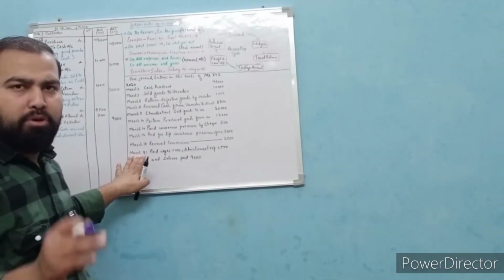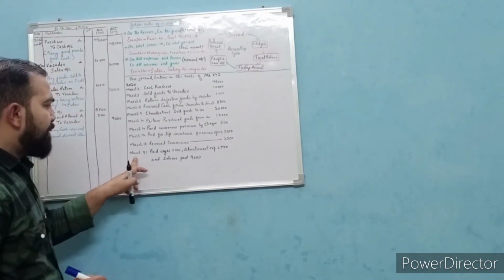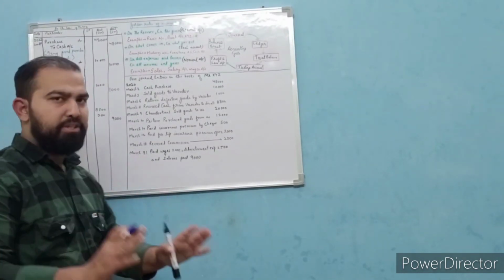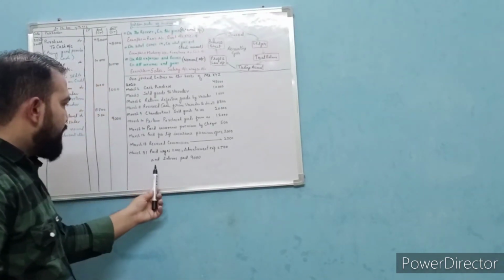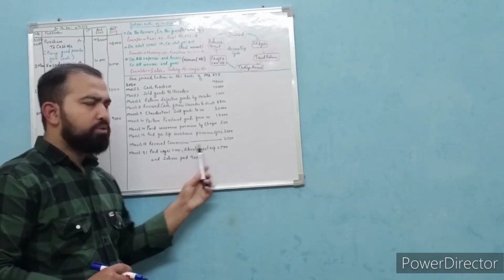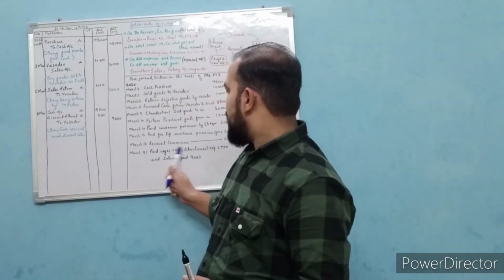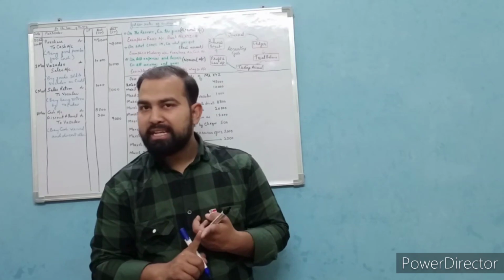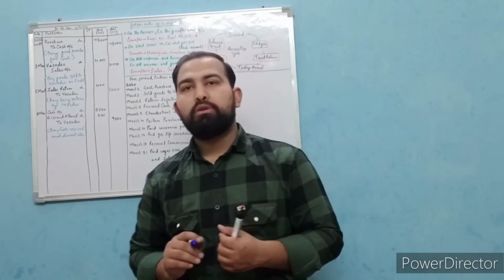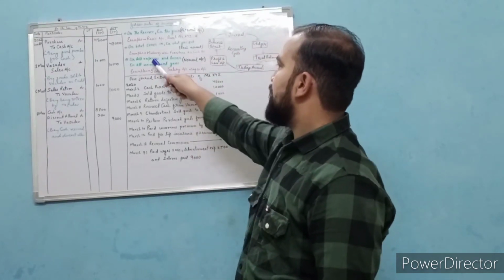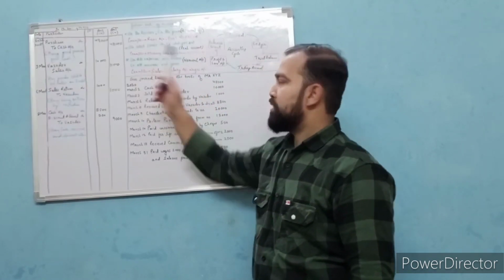Okay, now according to this we have to do the entries. I'm doing only the last entry because of less time and less space over here. I'm doing the entry of March 31. On the last day, we paid wages, advertisement expense, and salaries of 2,000, 2,500 and 9,000. These are all expenses. Salary is an expense, wages is an expense, advertisement itself is an expense. Expenses come in the nominal account, and according to the rule of nominal account, we write the expenses on the debit side.